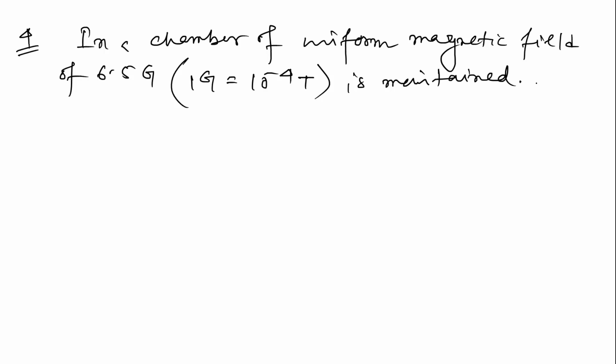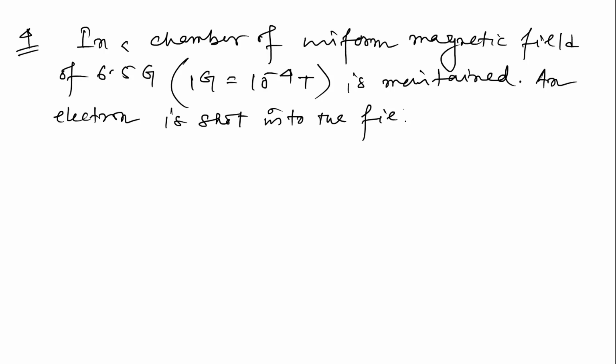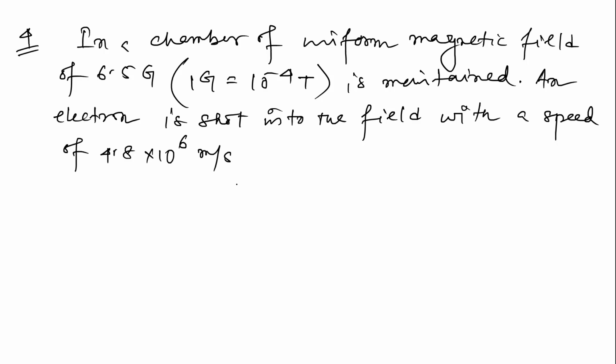An electron is shot into the field with a speed of 4.8 into 10 to the power 6 meter per second, normal to the field.